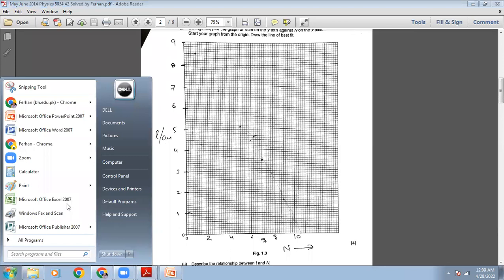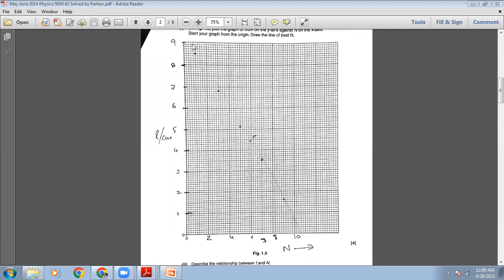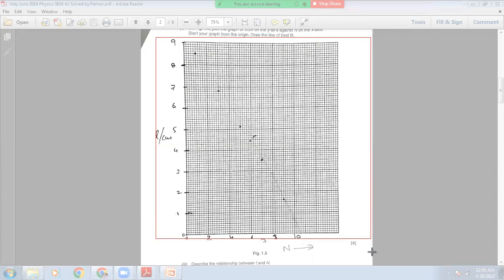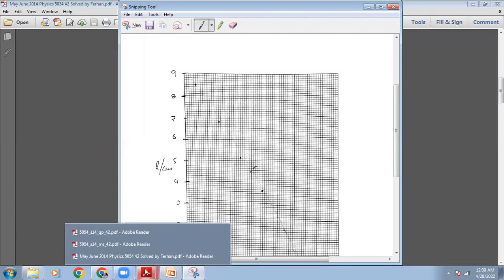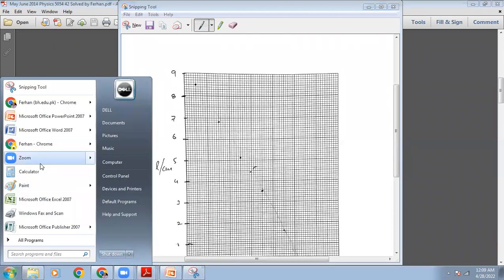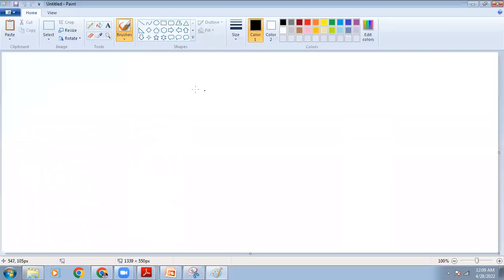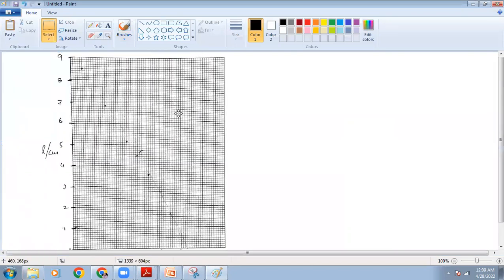Let me take out the snipping tool. So let me take this, and let me open Paint and paste it here.